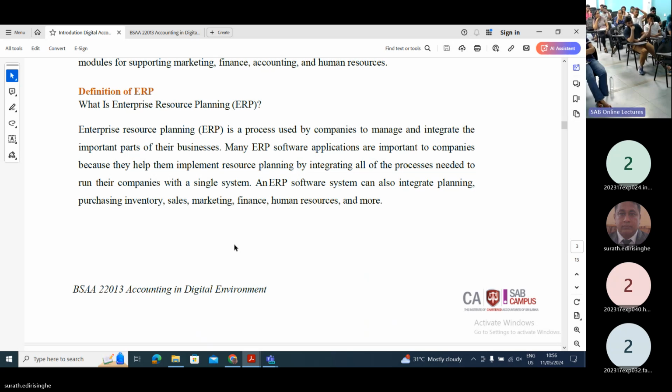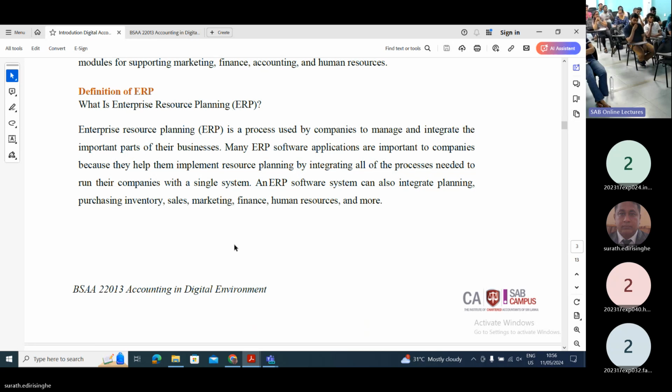Enterprise resource planning is a process used by companies to manage and integrate the important parts of their business. ERP software applications are important to companies because they help them implement resource planning.